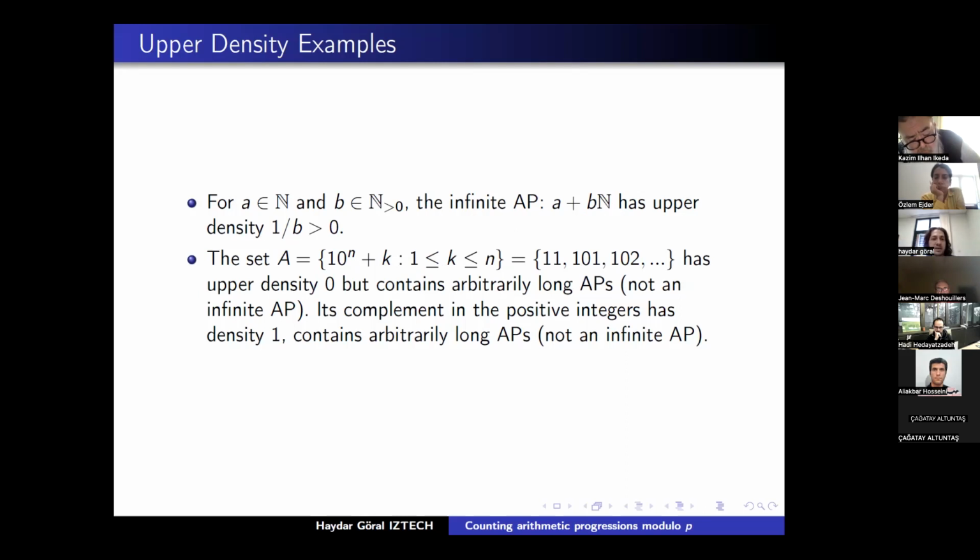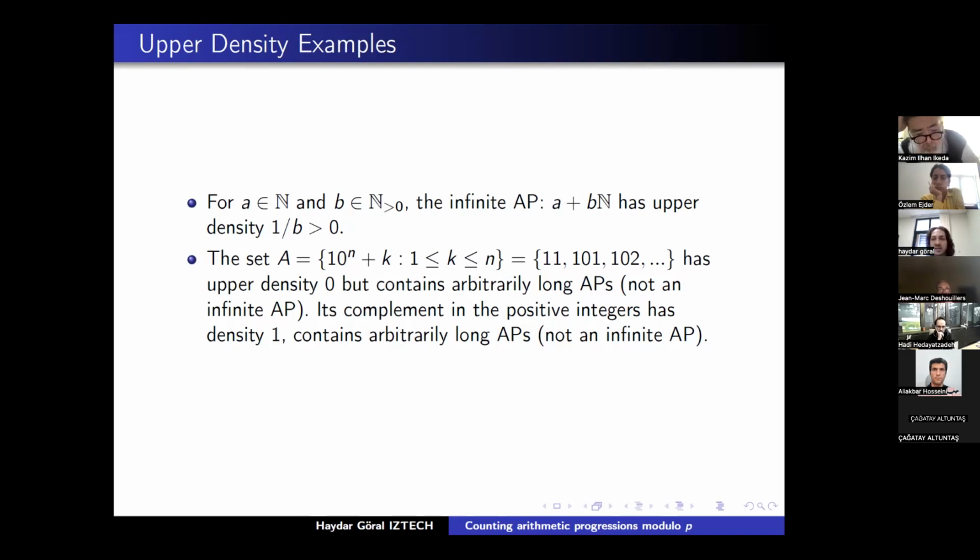And the second example, if you consider this set, you start with 10 to the n, then you add n numbers. For every 10 to the n, you are adding n many numbers. This means your increase is linear, but your jumps are exponential. So you can observe that the density of A is 0.